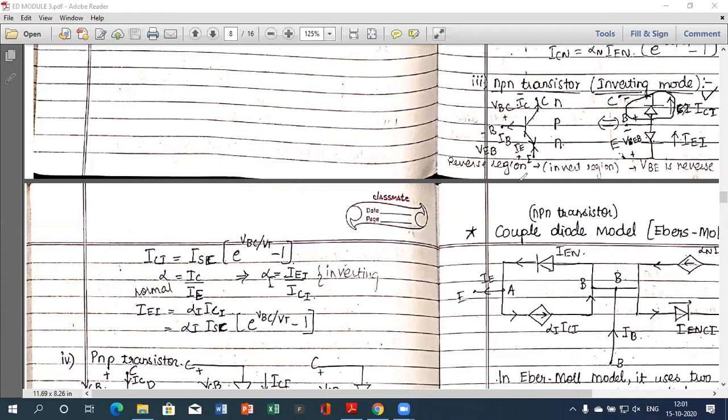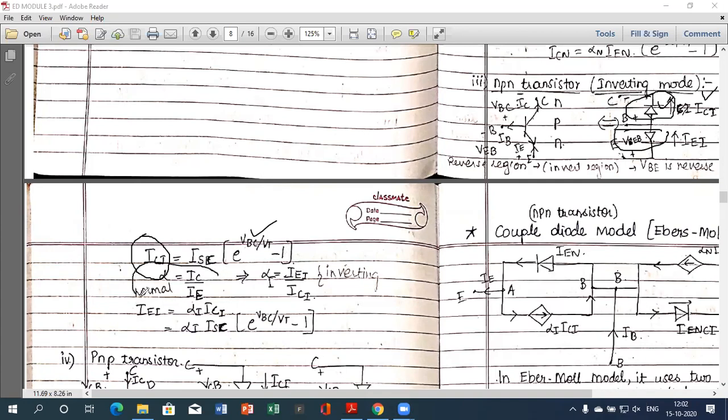So that's why you have written here ICI current instead of IEN. In normal mode we have taken it as IEN, but here we have taken it as ICI because now this diode is forward biased. So it equals ISC, the reverse saturation current of this diode, into e raised to the voltage across this, which is VBC instead of VBE, because this is forward biased: e raised to VBC by VT minus 1.